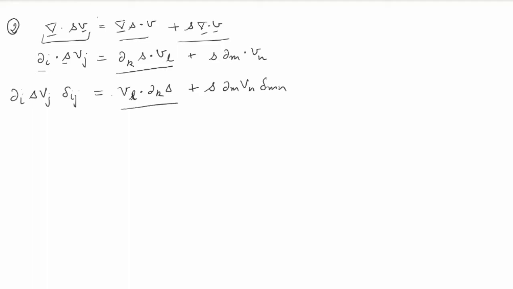So you can now see that this is similar to the product rule of the derivative, that in one case we are taking VL to be constant, taking derivative of S, and in one case we are taking S to be constant and taking derivative of V, and we need to prove that it will come out to be this quantity. So now here I will replace J with I, so this will become del I S Vi.